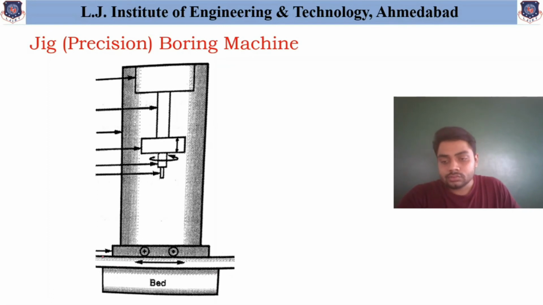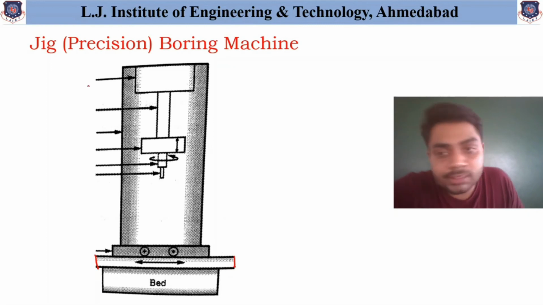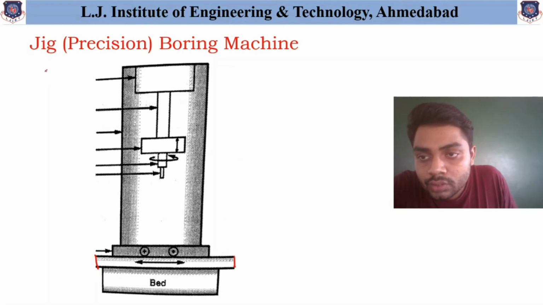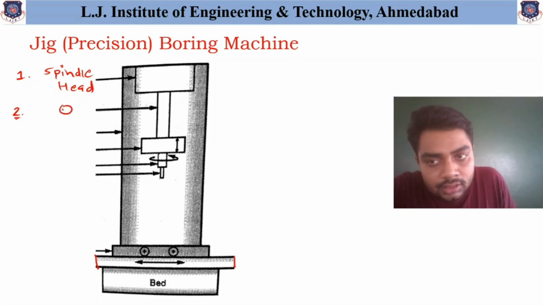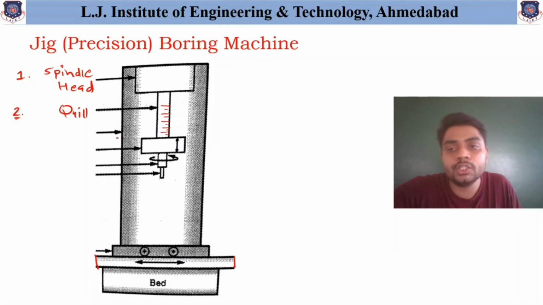First of all, we will indicate the major parts available in this jig boring machine. The first part shown over here is called the spindle head. The second part is called the quill, and on the quill a measurement system is provided for controlling the particular movement of the tool during the machining operation.